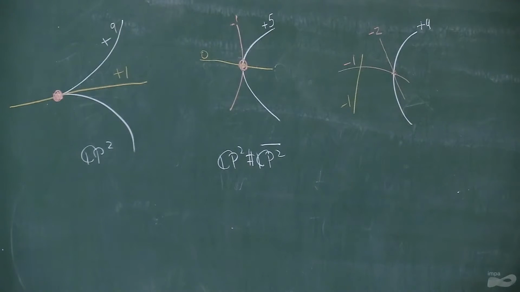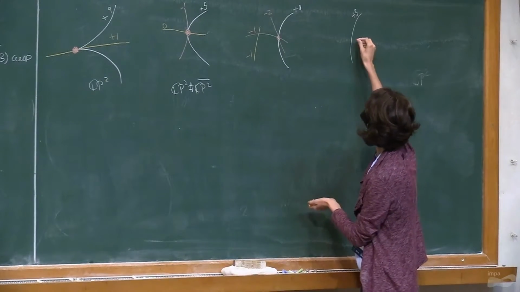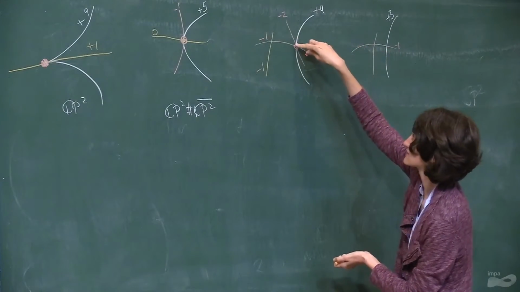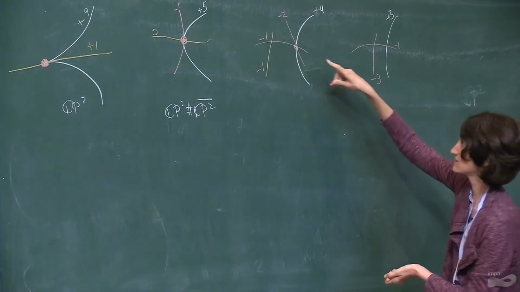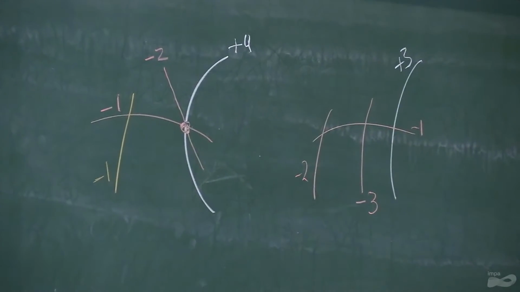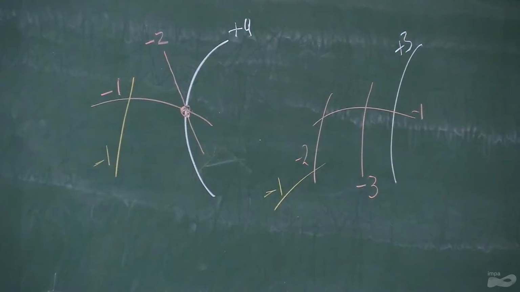And then if I blow up again, always at the same point, I'll separate out these two intersections. So, a new exceptional sphere. This one becomes -3 from -2. This one is -2, and it's got this orange -1 hanging off of it.